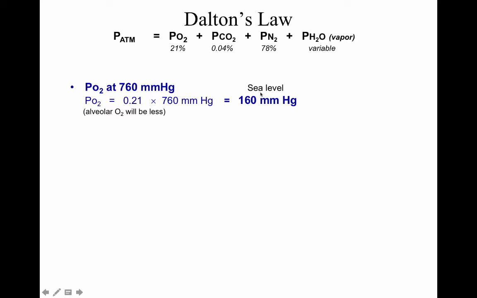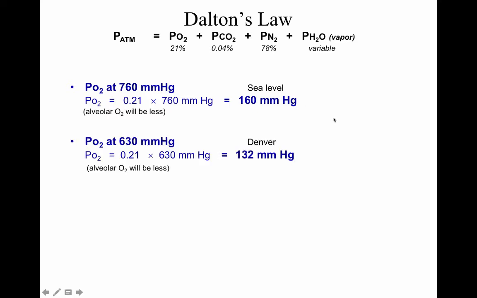That would say that at sea level, we would have 160 millimeters of mercury of pressure that oxygen is applying to the overall atmospheric pressure. When we go up in elevation, we see the partial pressure of oxygen drop to 132 millimeters.